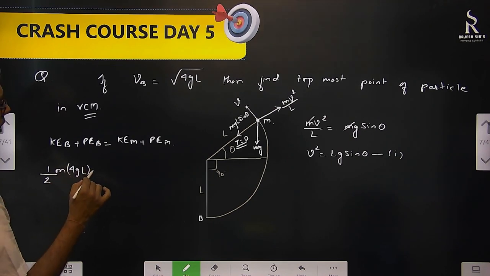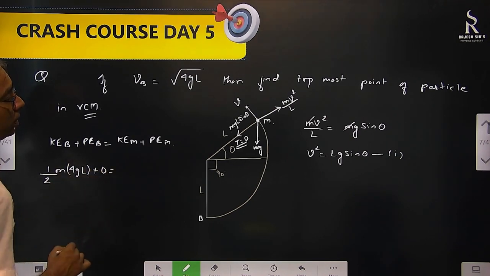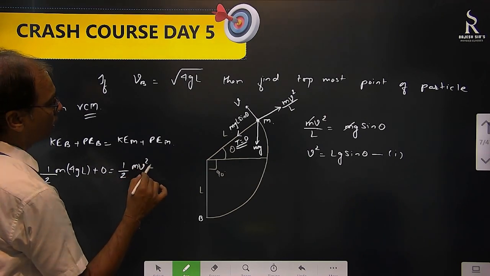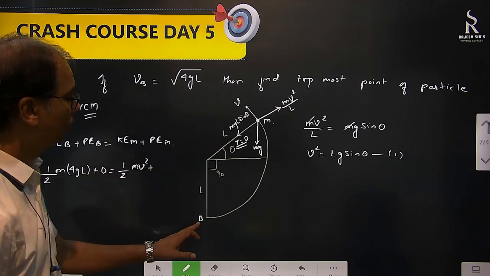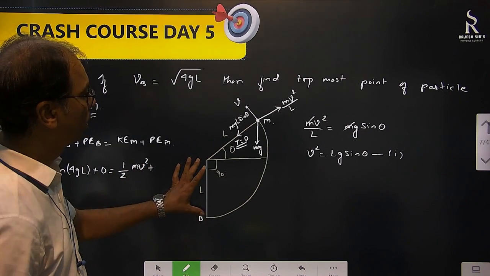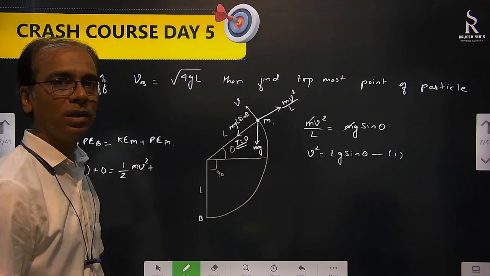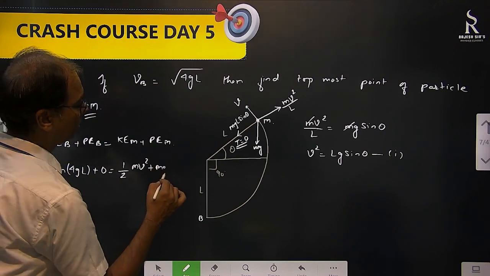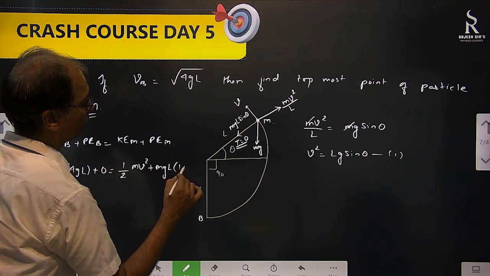Potential energy at B is 0. Kinetic energy at M is half mv square. Potential energy at M: now potential energy means from here what height? This is L already and this is L sine theta. So we can write mgL into 1 plus sine theta.